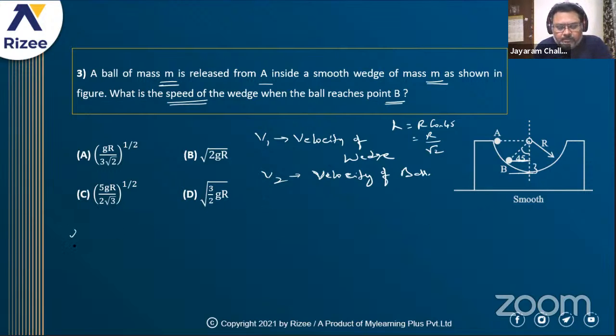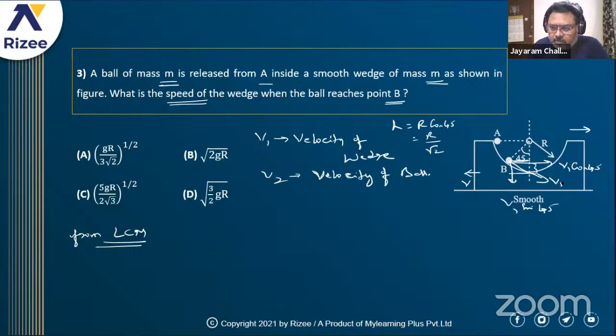Now from the law of conservation of linear momentum, what will happen at this particular instant? Since it has been moving in this direction with velocity v1, it will have two components of the velocity: v1 cos 45 and another component v1 sin 45. Since it is moving towards the right side, this will be towards the left side. Sorry, the ball is v2. This is going to be your v1.